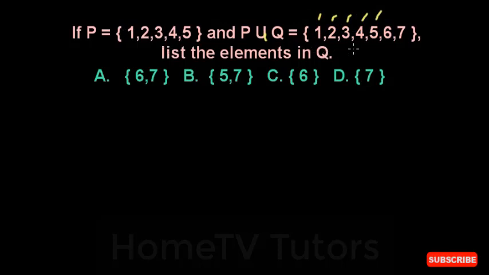And this is the whole list of elements, that is the union of P and Q, which means for us to get Q, this is Q, 6 and 7. Alright, so answer option A is the right answer.